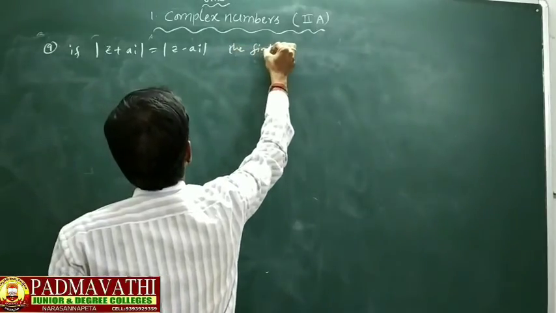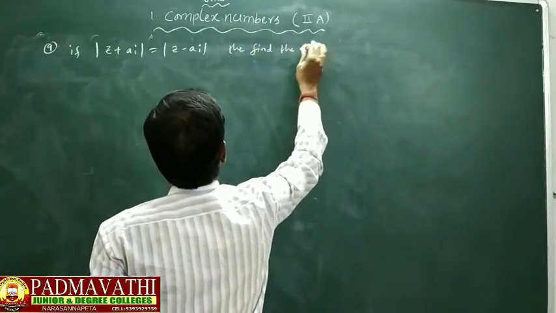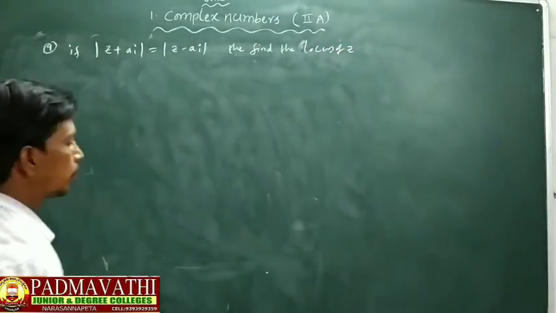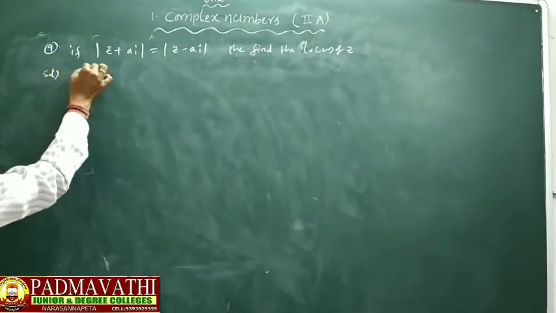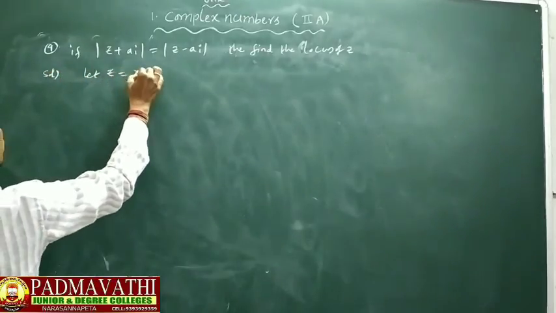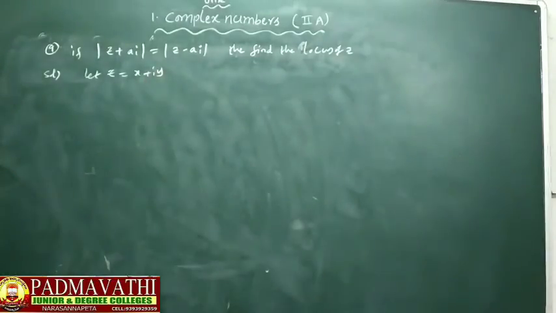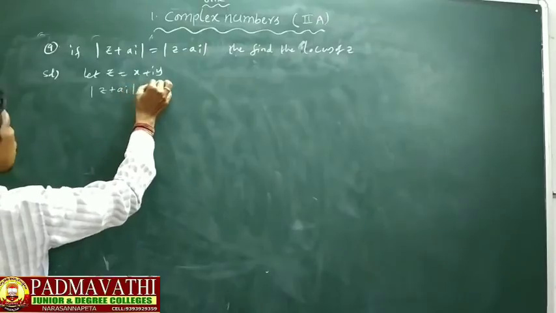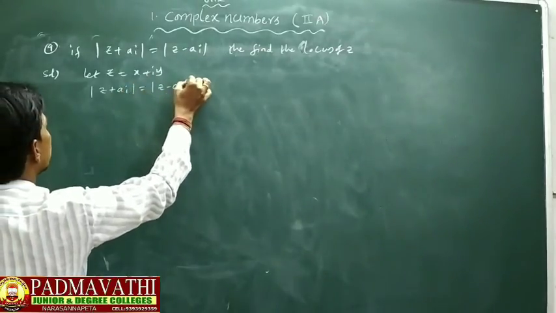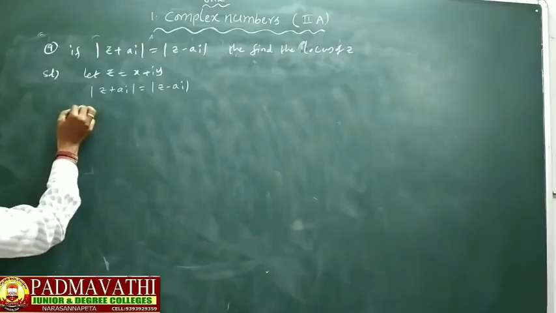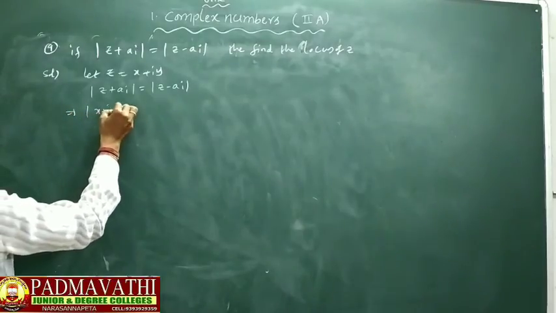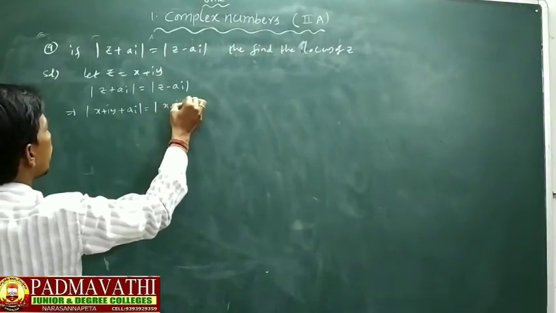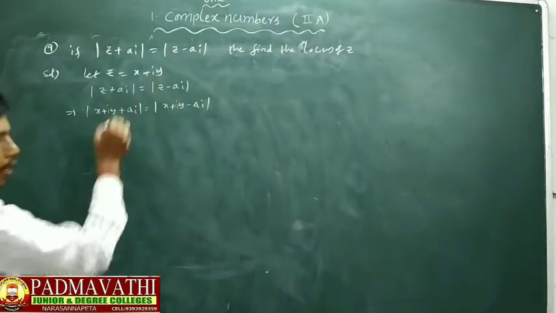In a similar way, solution: let z = x + iy. It is given that |z + ai| = |z − ai|. That implies |x + iy + ai| = |x + iy − ai|, because z = x + iy.